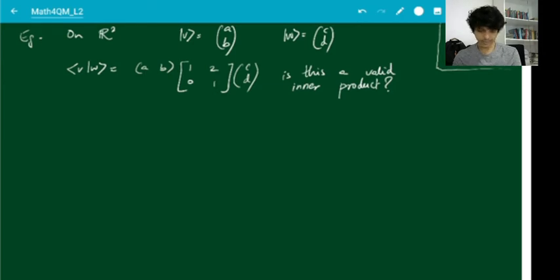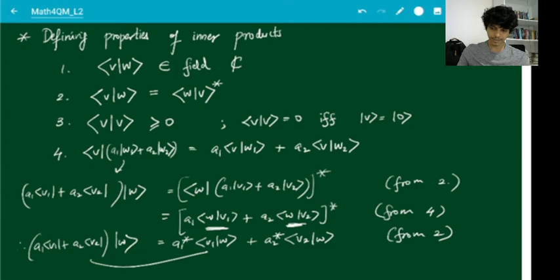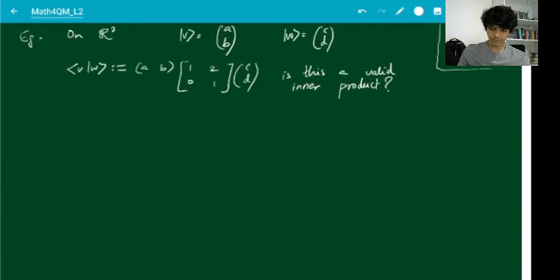So this is a definition. For this, you have to check if this definition satisfies those properties that an inner product ought to satisfy. So does the inner product belong to the field? Yes. This is a 1 cross 2, this is a 2 cross 2, and this is a 2 cross 1.